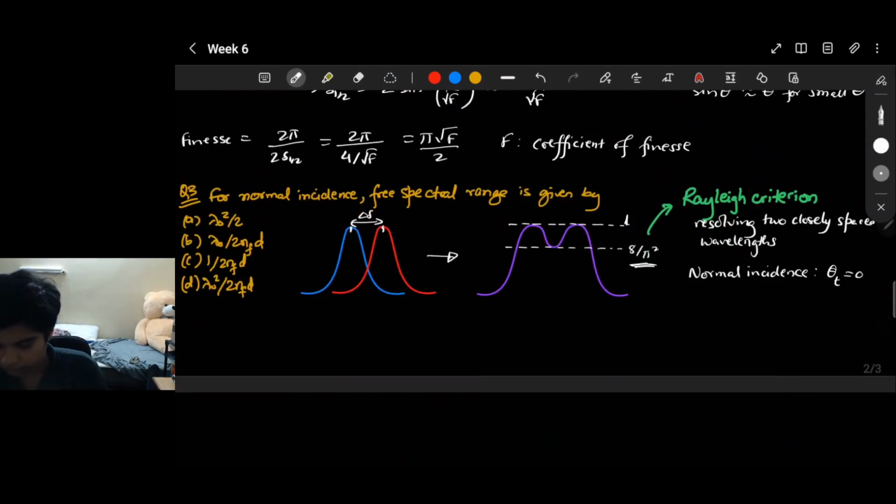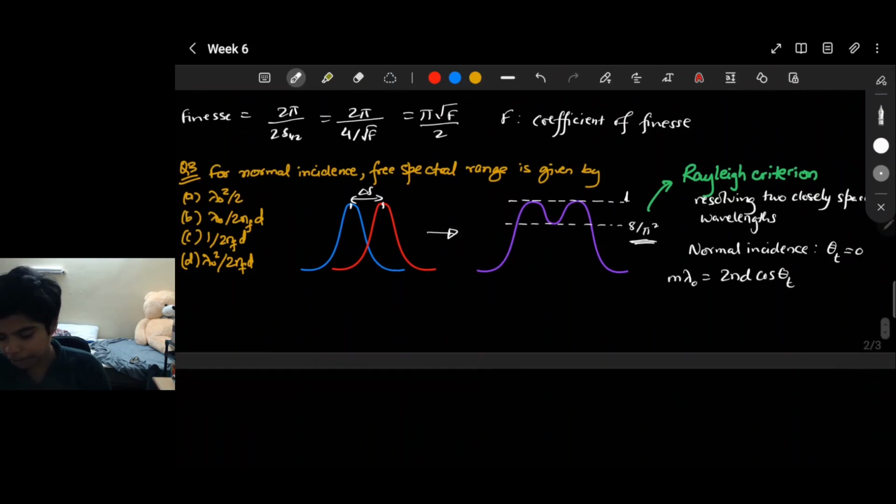So if we have m lambda naught as the path difference between successive beams, an integral multiple of lambda naught, and if theta t equals 0, then cos theta t is 1. This gives me m is 2 nd over lambda naught.